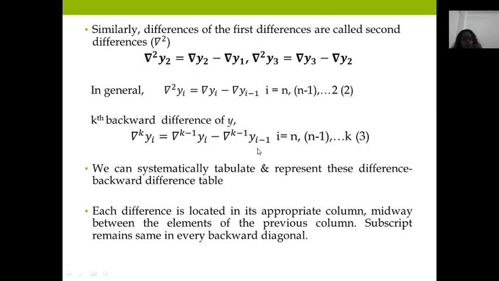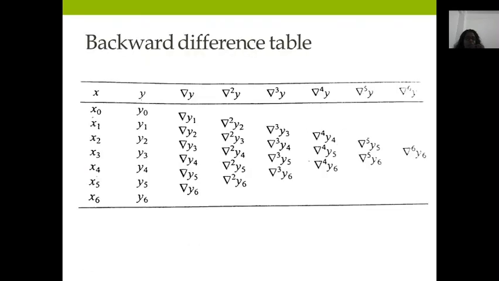It is in the forward diagonal there, and in the backward diagonal here. Let's see the backward difference table: x values, y values, and first, second, third backward differences, up to 6 shown here.